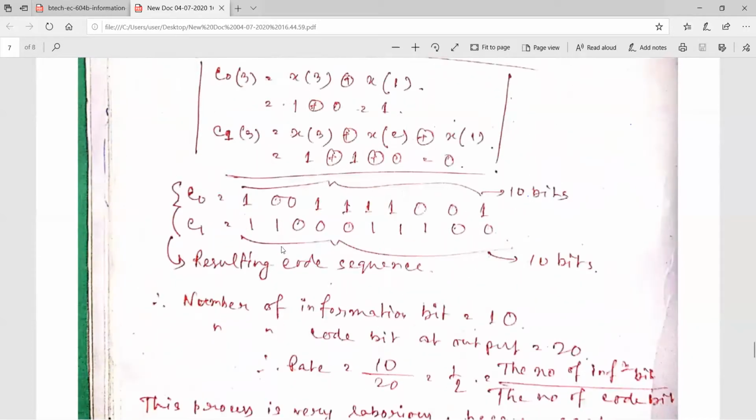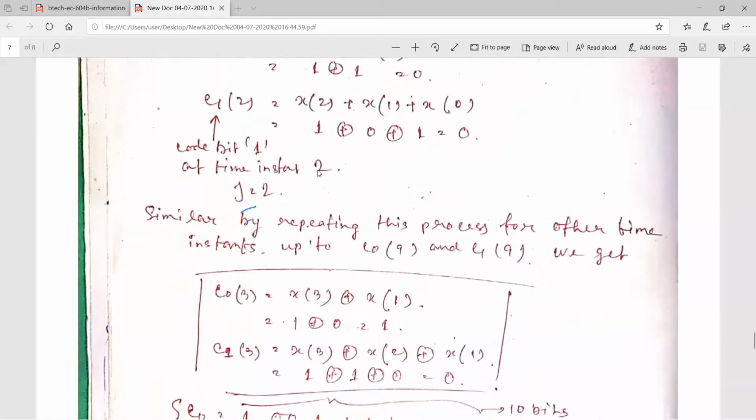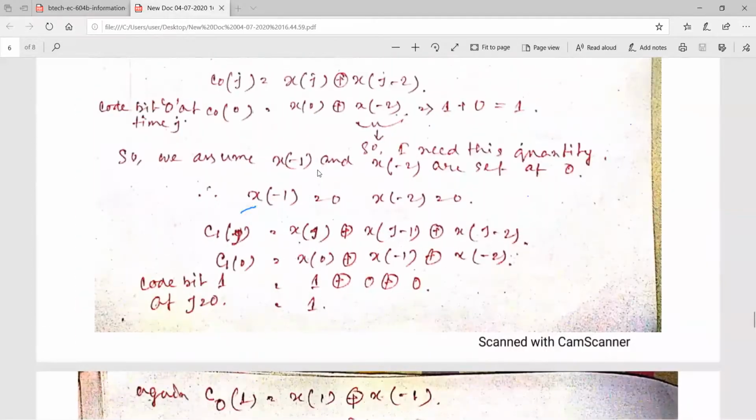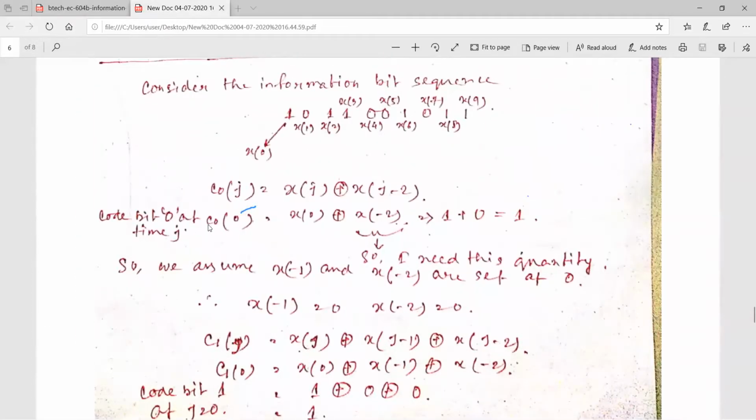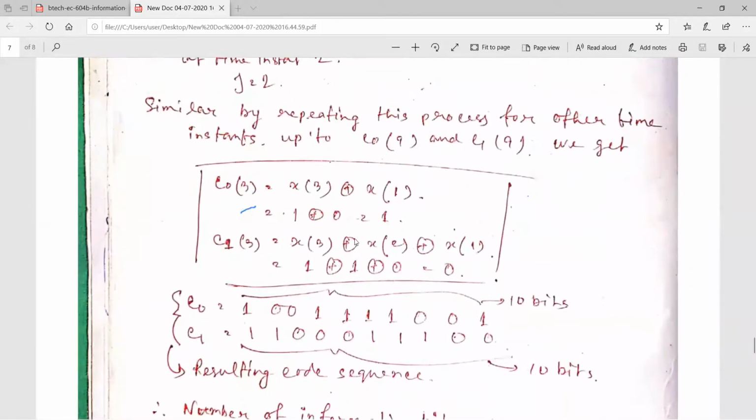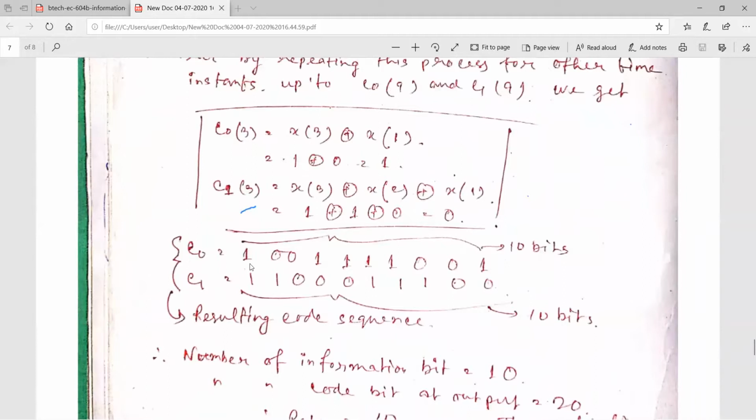And at last we have got C0, which is basically the code vector, that means C00, C01, C02. These are the values. As you can see, C00 means code vector 0 at the 0 instant, and that was 1.